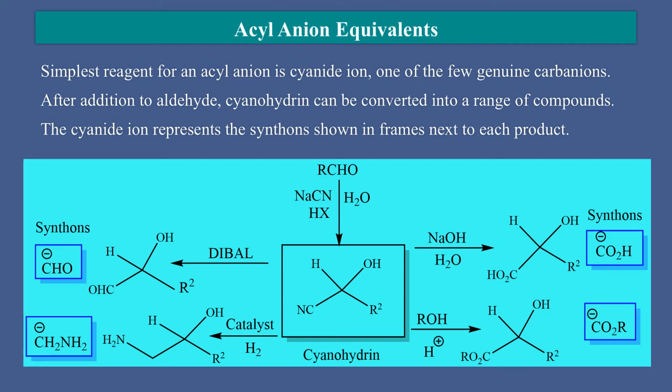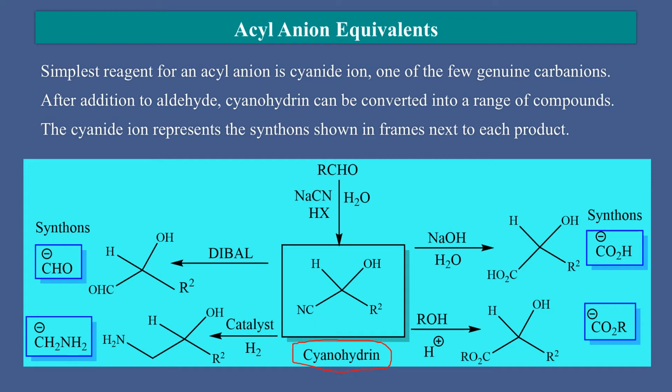Let's see what is an acyl anion equivalent. The simplest reagent for an acyl anion is cyanide, which is one of the very few genuine carbanions. When it is added to the aldehyde, the resultant product is cyanohydrin.